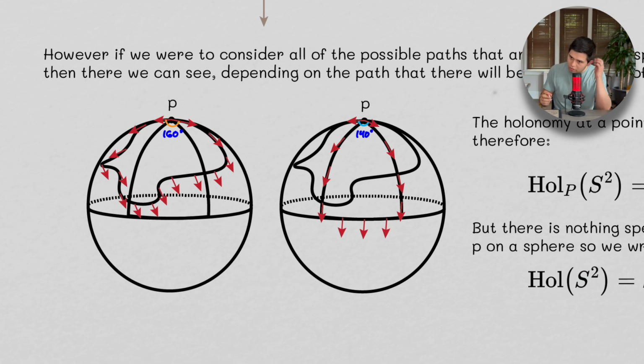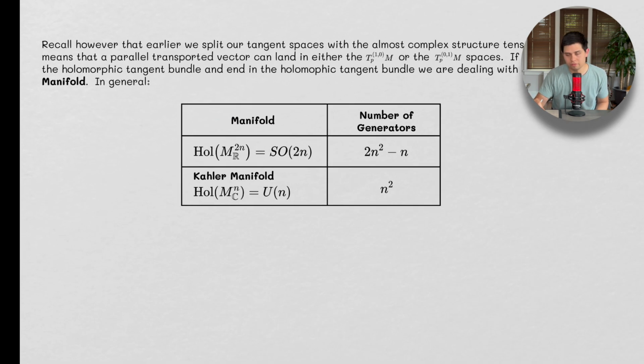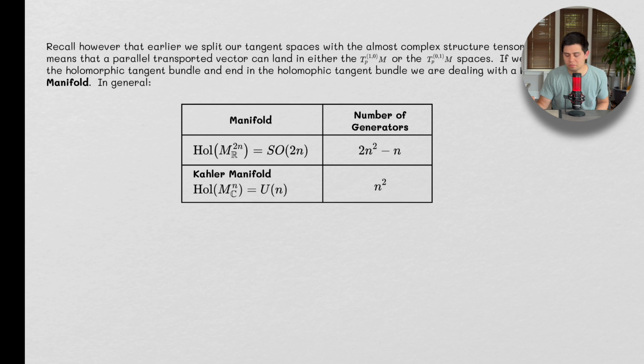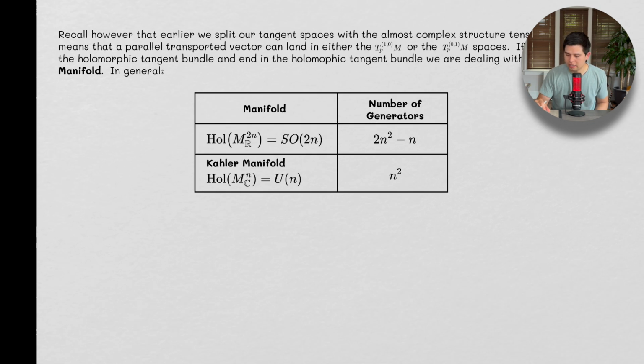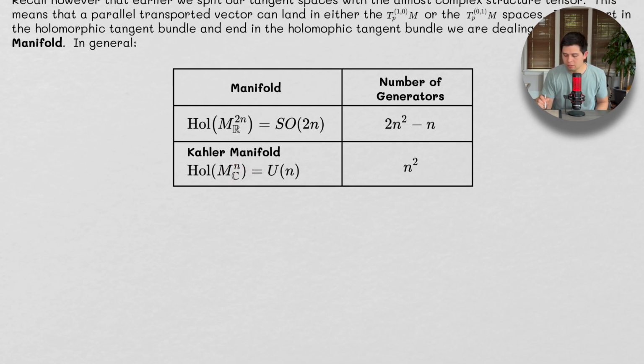There's going to be no path that traverses the holomorphic and ends in the anti-holomorphic tangent space. So a Kahler manifold lands in the same tangent space, and it is of dimension n, because it's half the dimension of R2n.